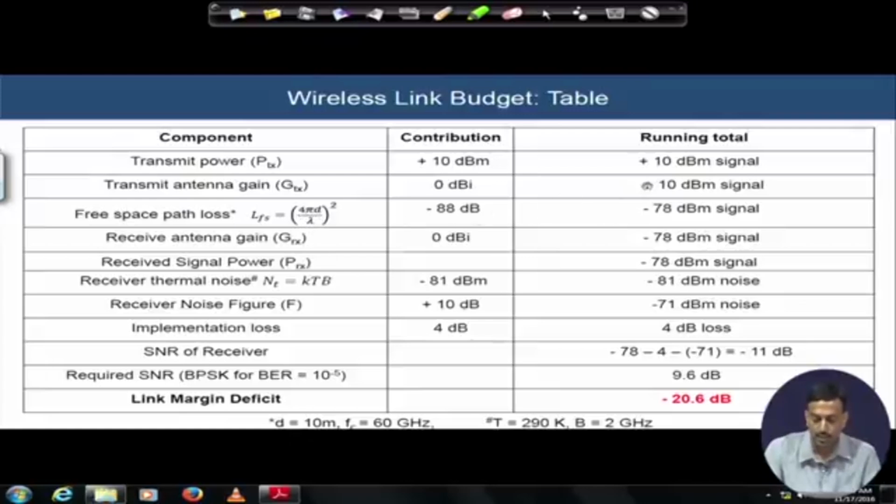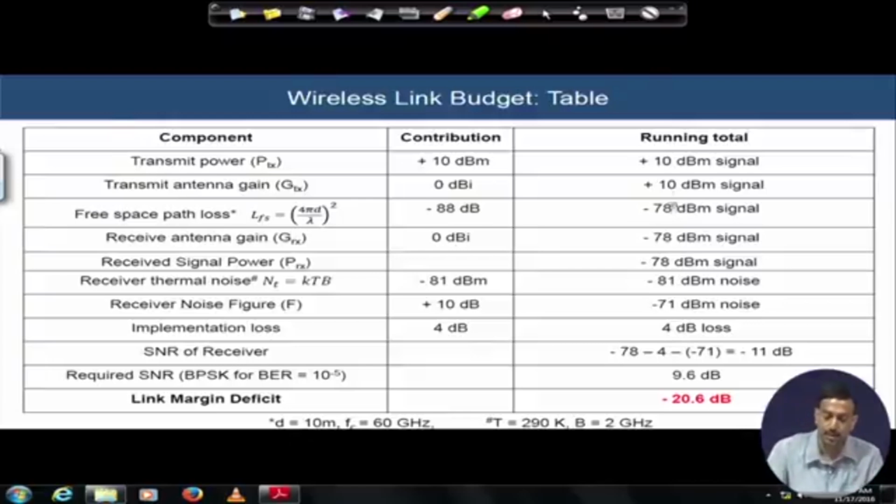Now the running total, that is the previous signal power, was 10 dBm. I have a free space loss of minus 88 dB. So I subtract 88 from 10, and the result is minus 78 dBm. Please note that you can perform this subtraction between dBm and dB values, provided the result is in dBm.